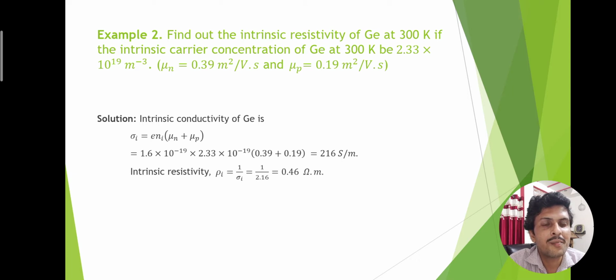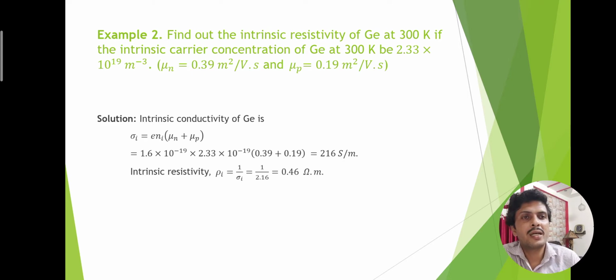So here you need this sigma I calculation, that means the conductivity is required, and once you get the conductivity sigma I, you can easily find the reciprocal of the conductivity, that means 1 by sigma I, which is equal to the resistivity. So we got 0.46 ohm meter. This is the answer for this question.